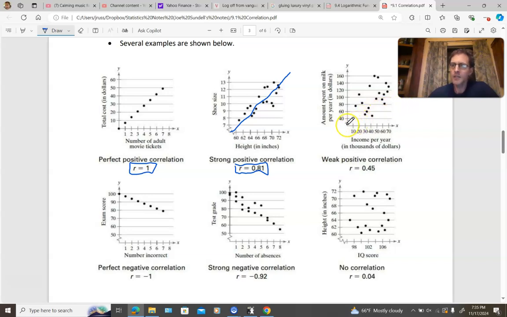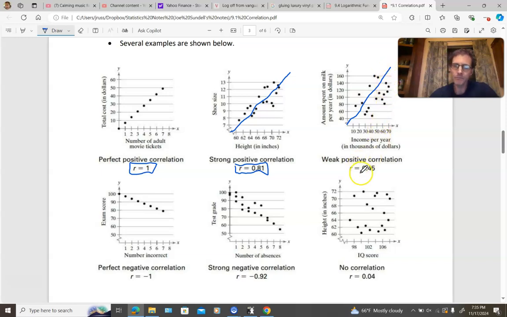And it does look like there is sort of a correlation. Okay, now it's not a real strong one. The more widely scattered these points are about this imaginary line, the weaker the correlation. So you can see the points over here, they form a perfect straight line. These, not so much, and then these points are scattered even farther away from this imaginary line.